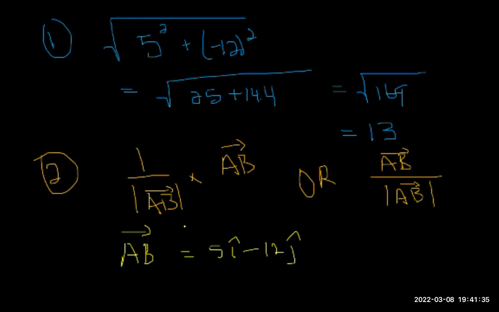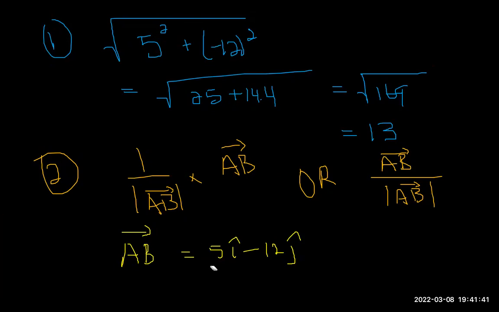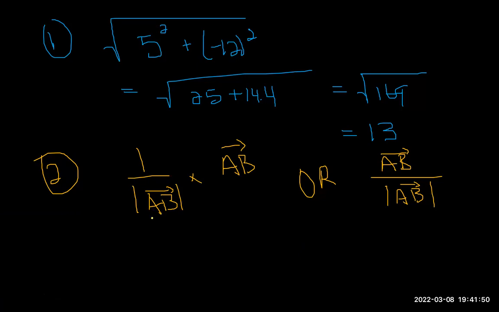So whichever one you feel comfortable with. So that's what you're doing, right? Remember, AB, the vector that we're using, is 5i hat minus 12j hat. I just need to erase this to get some space. The magnitude I just found out is 13. So I would put 1 on 13 multiplied by the vector AB, which is 5i hat minus 12j hat.